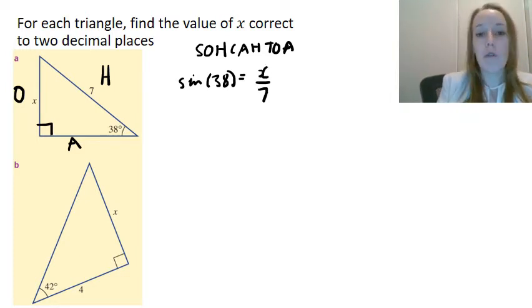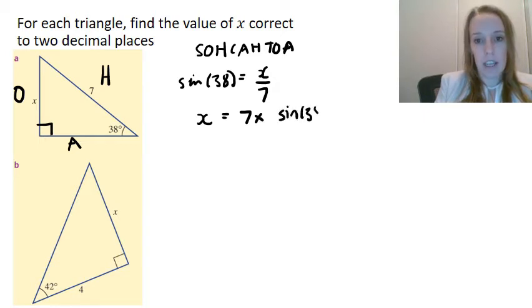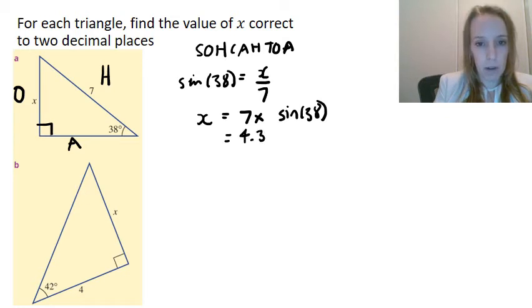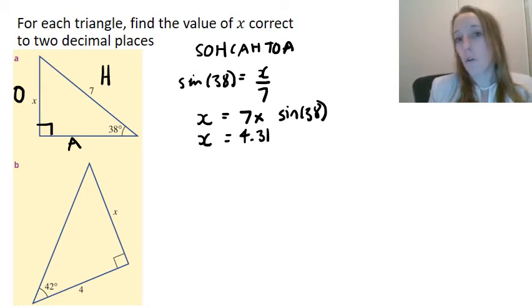So to solve for x, we're going to multiply both sides by 7, so x is 7 times sine 38, which we can type into our calculator, so 7 times sin 38, close brackets, enter. So 4.309, so we're going to round 4.309 to 2 decimal places, which is 4.31. So x equals 4.31.